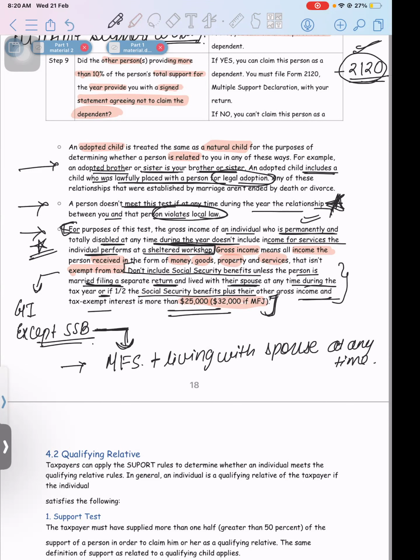Out of that, you have to remember one thing: SSB will not be included. If they have given unemployment compensation, that is also included in your income. Interest income, yes. Dividend, yes. Any passive income, yes. Business income, rent income, wages, commission, everything will be included except social security benefit.